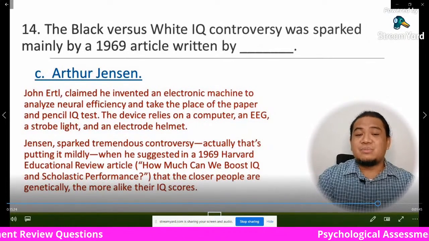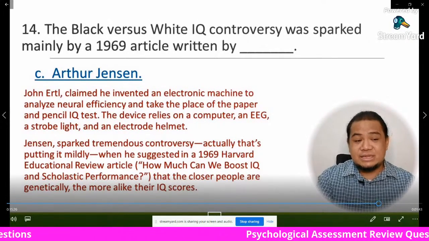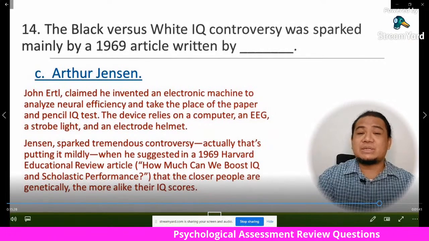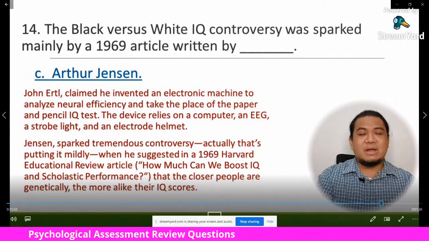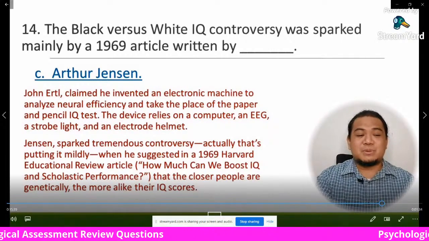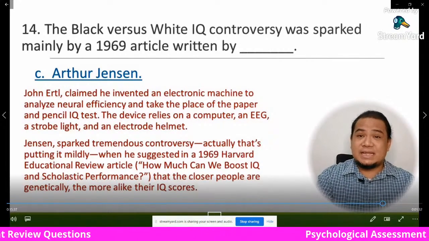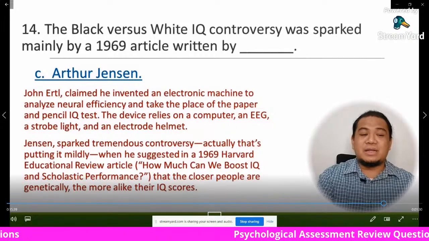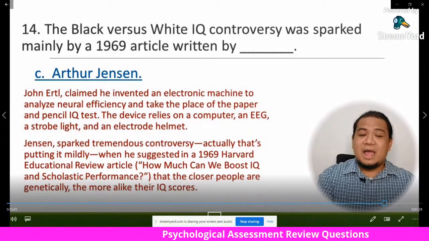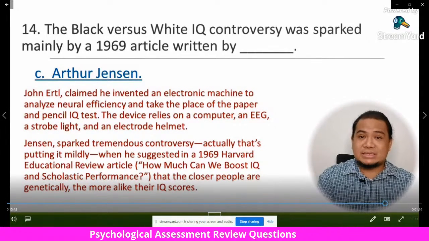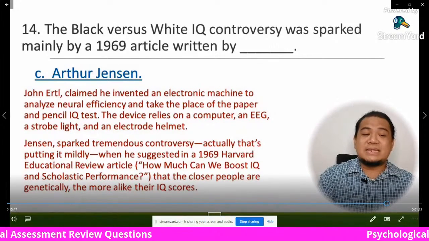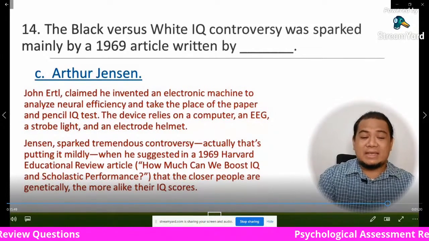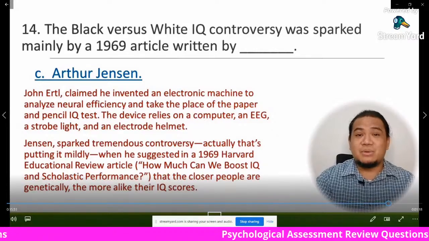The device relies on a computer, an EEG, a strobe light, and an electrode helmet. Jensen sparked tremendous controversy, actually that's putting it mildly, when he suggested in a 1969 Harvard Educational Review article, How Much Can We Boost IQ and Scholastic Achievement?, that the closer people are genetically, the more alike their IQ scores will be.